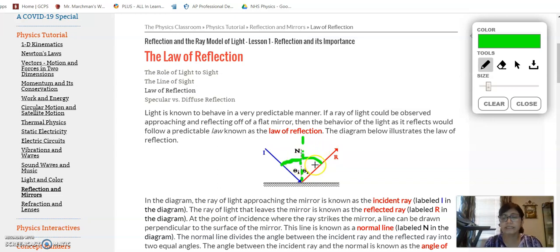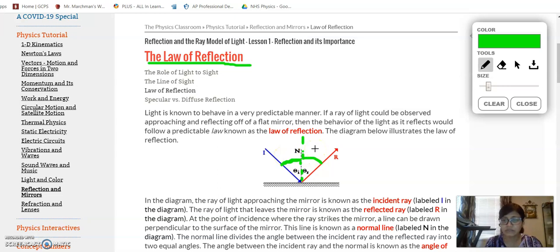These two angles are always equal, and that's why it's known as a law. Anything we call a law is always true. So if this angle is 30 degrees, then this would also be 30.